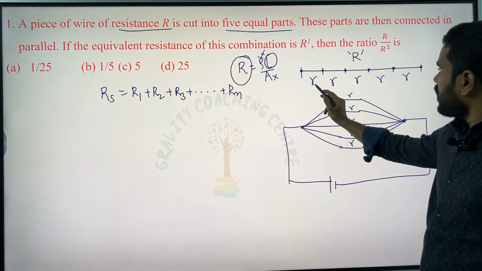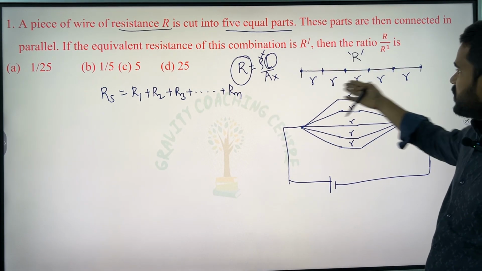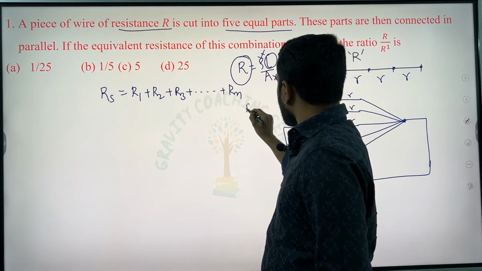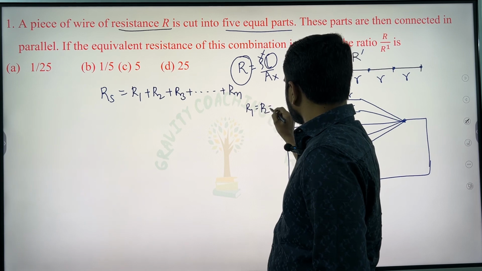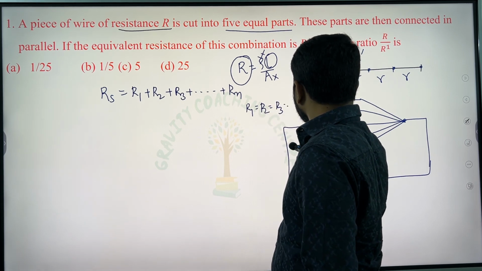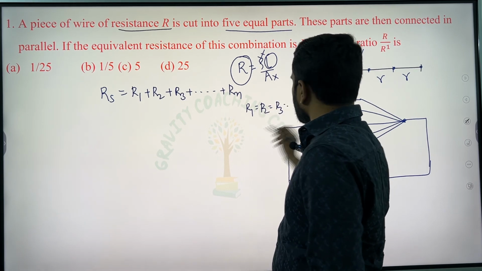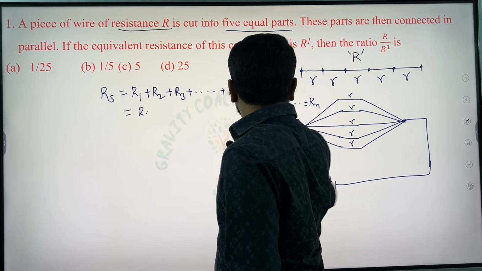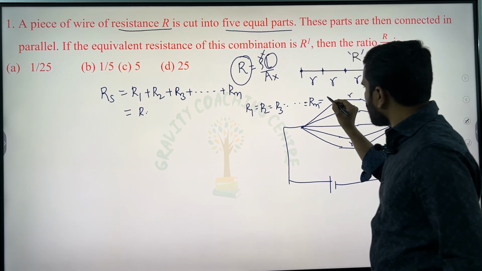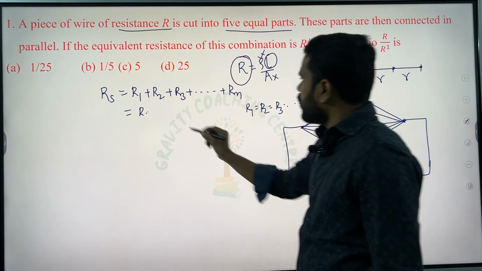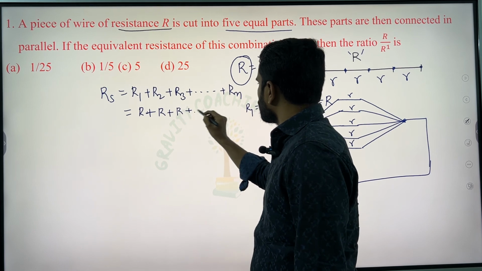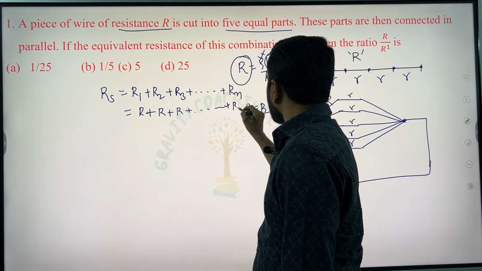Here, interestingly, all the resistances are the same. So suppose R1 equal to R2 equal to R3 and so on equal to Rn, all equal to r. Now r plus r plus r plus so on plus r. How many terms?